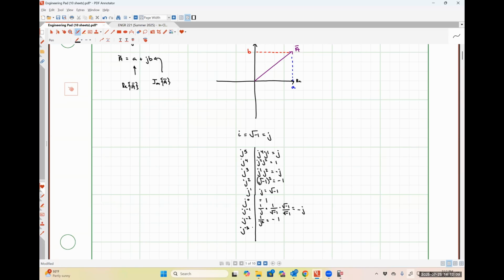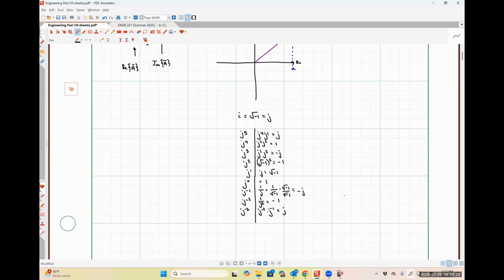J to the -3 is just j to the -2 times j to the -1, so that is -1 times -j, which is positive j. And j to the -4 is j to the -2 times j to the -2, which is -1 times -1, which is +1.